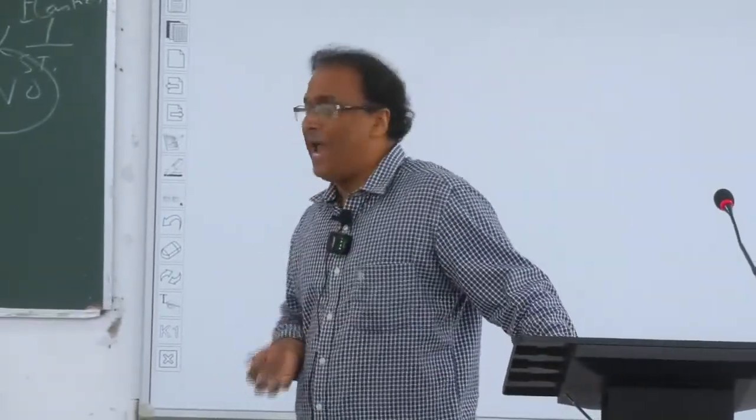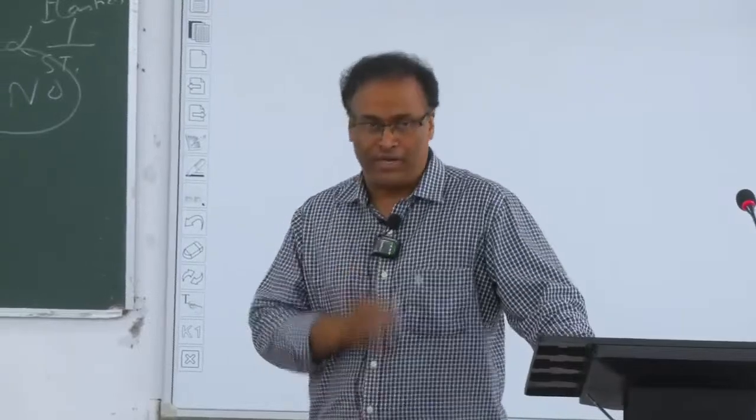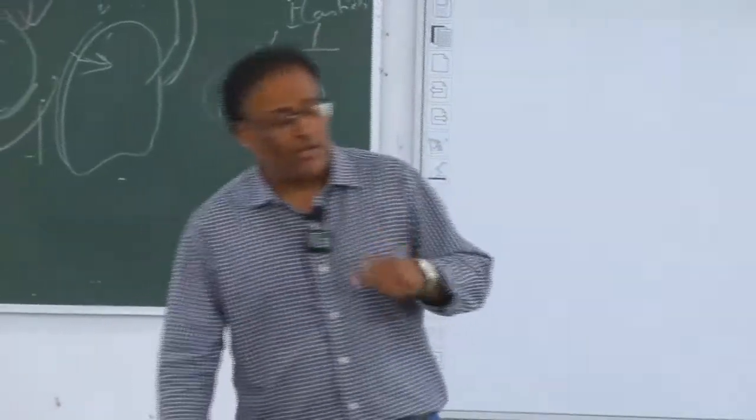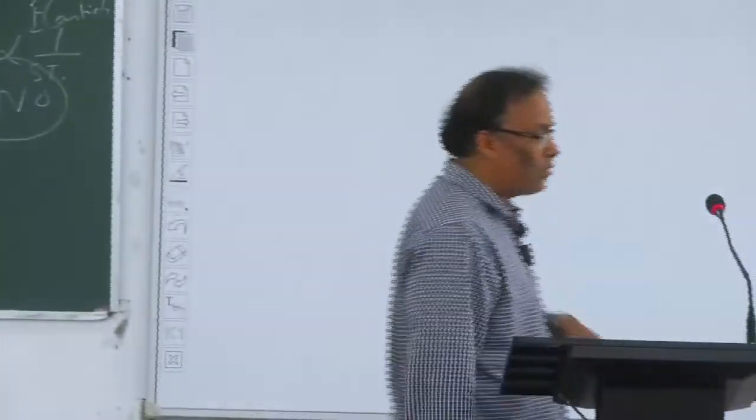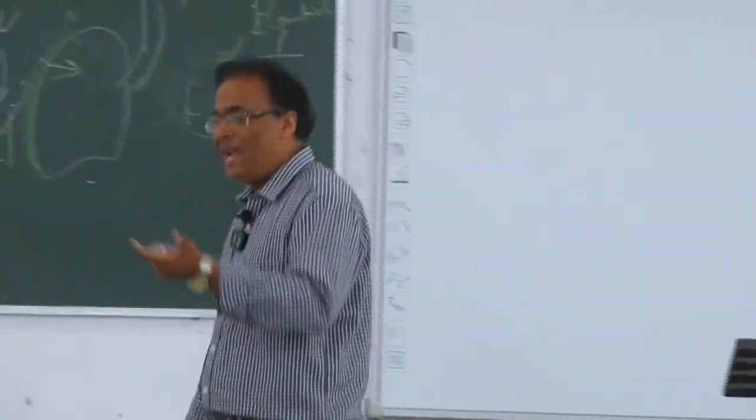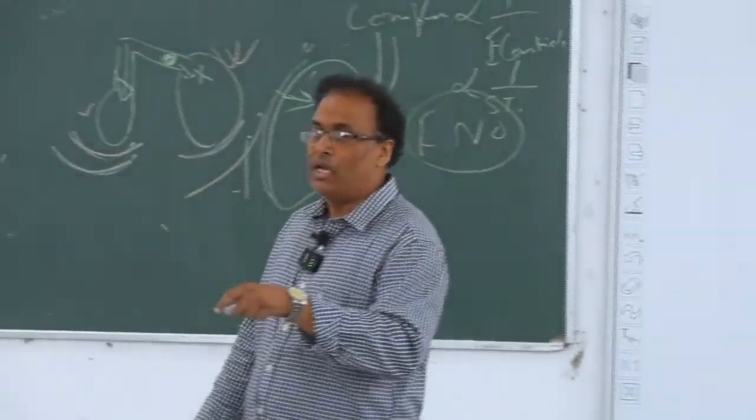Pulmonary ventilation means এখানে anatomical dead space টাও চলে আসবে। So pulmonary ventilation and alveolar ventilation are different. Ventilation and oxygenation are different. বোঝা যাচ্ছে কি বলছি? ভেন্টিলেশন মানেই অক্সিজেনেশন তা নয়। Ventilation and oxygenation are different.